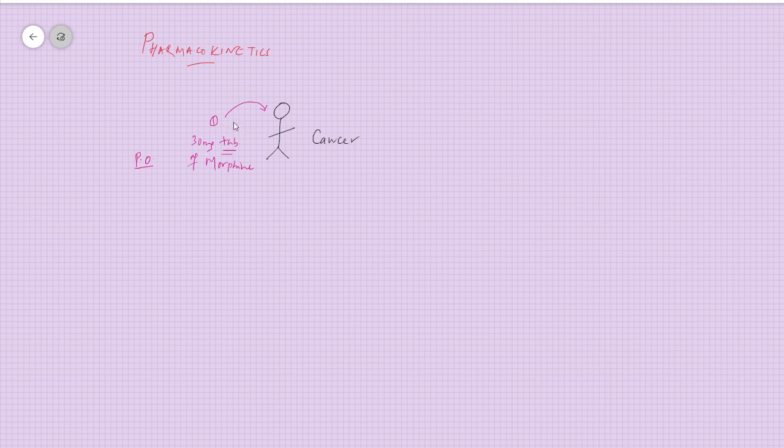Okay, so this tablet, and we are trying to see the course of how the tablet ultimately enters the brain. So we are trying by this thought experiment to trace what happens to the tablet.